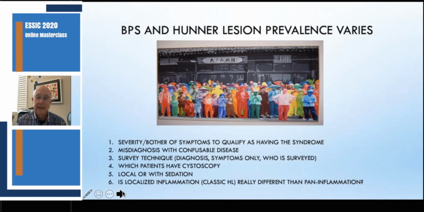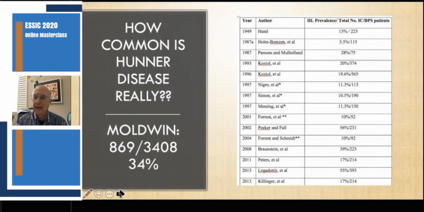Which patients get cystoscopy at all? Is the cystoscopy done with local or with sedation? And is the inflammation localized, or is it more broad span, more throughout the whole bladder? These are issues that may impact on how common Hunter lesion disease really is, but it's far more common than we ever used to think.